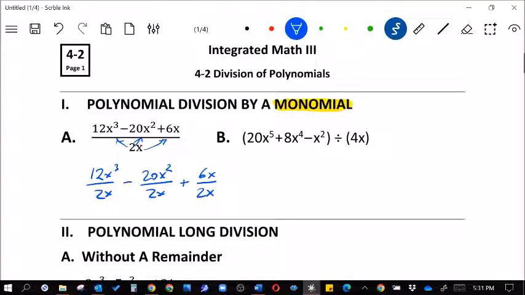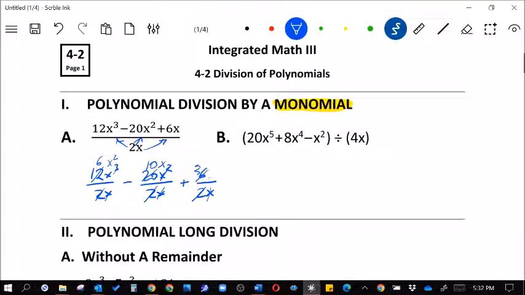And then what's going to happen is that 2 cancels in the 12 to make a 6. That x cancels out one of those, so that means there's an x squared on top. The 2 cancels into the 20 to make a 10. And the x cancels one of those to make simply an x. This 2 goes into the 6 3 times.